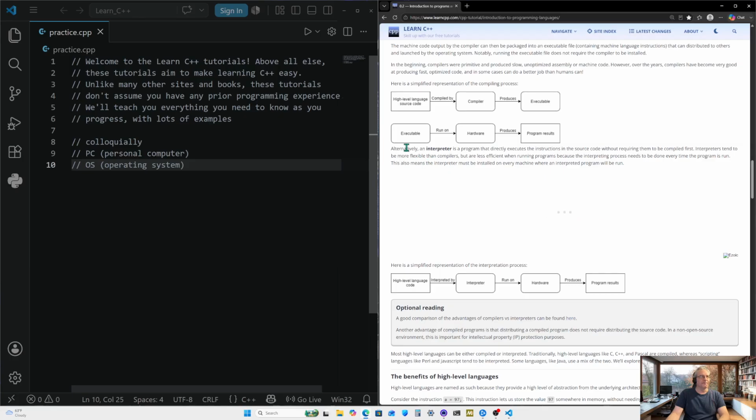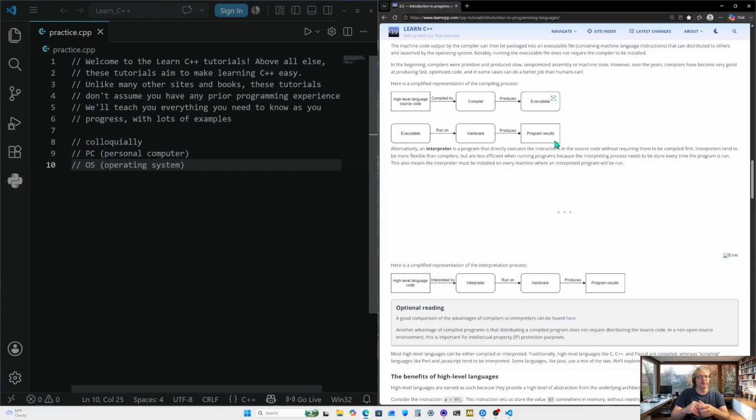And then when somebody gets the executable code, they run it. It's run on their hardware, and produces program results, games, calculators, whatever it may be, software. Alternatively, an interpreter is a program that directly executes the instructions in the source code without requiring them to be compiled.